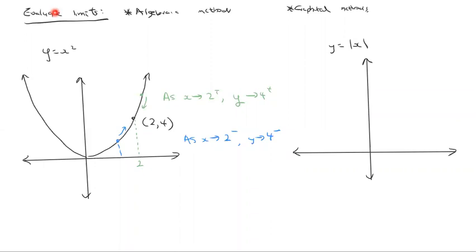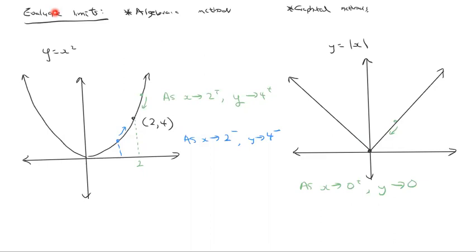You might remember that it looks like this. So if you've got y equals absolute value of x, let's consider approaching 0 from the positive side. So if you're here and you're going down the curve, what y value would you approach as you go towards 0? 0, yeah. 0 positive or negative?